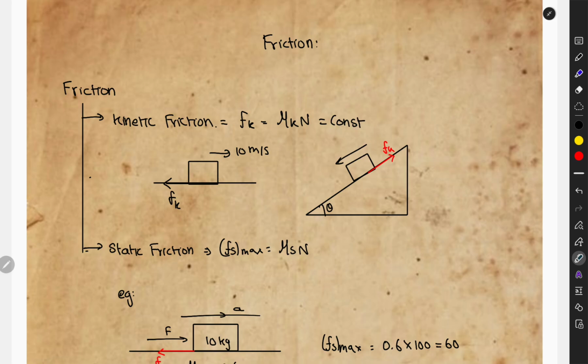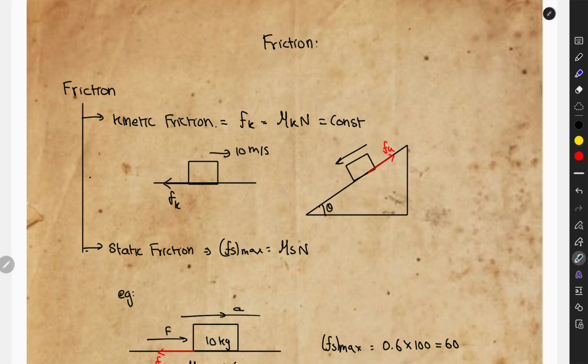For example, let's say a block is on a plane and it is moving at 10 meters per second in this direction. When it moves like this, there will be kinetic friction acting on it. According to the relative motion, friction will act in the opposite direction of the relative motion.